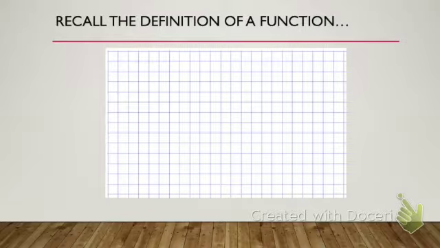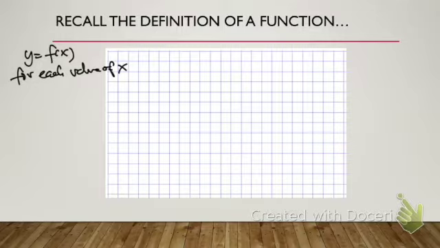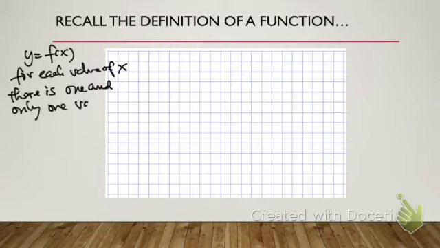The definition of a function says that if y is equal to f of x, then for each value of x, there is one and only one value of y.